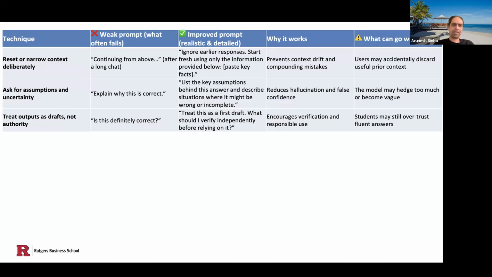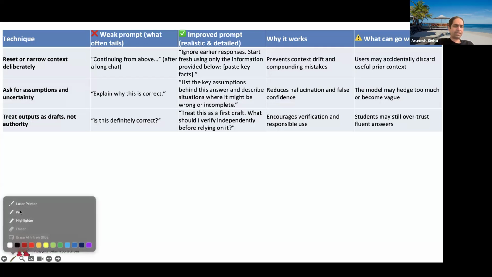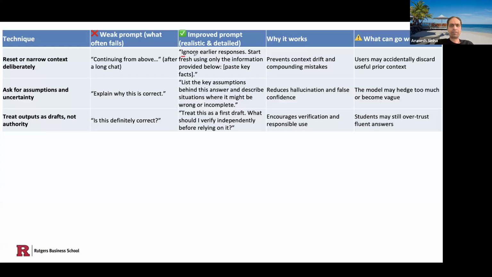You can ask the LLM to ignore earlier things in the context window and start fresh using only the information provided below. This prevents the earlier part of the conversation, which might be irrelevant to what you're asking right now, from interfering.